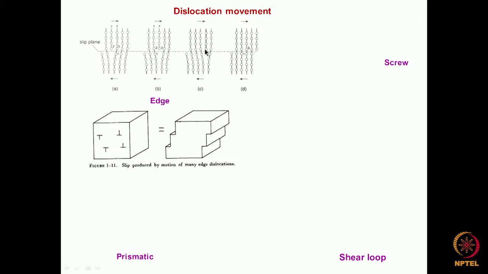By a process like this, we can see that at the end, the dislocation has come out of the sample surface. When the dislocation has just come out of the sample surface, we see a perfect lattice in between, but with a step on either side of it.